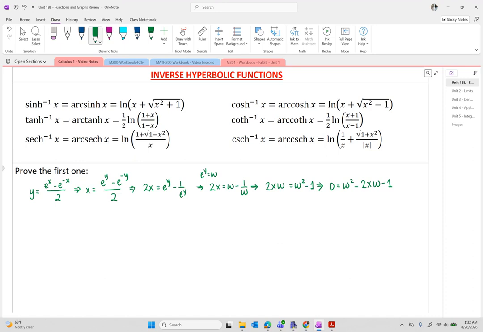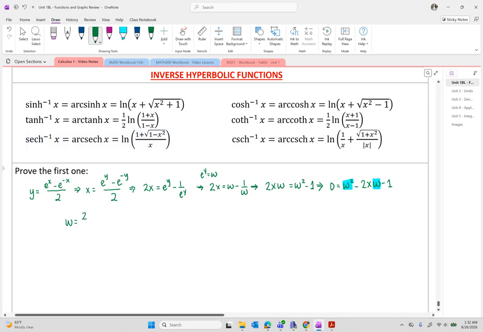This is a quadratic equation in the variable w, and I will use the quadratic formula to solve it. So a is equal to 1, b is equal to negative 2x, and c is equal to negative 1.